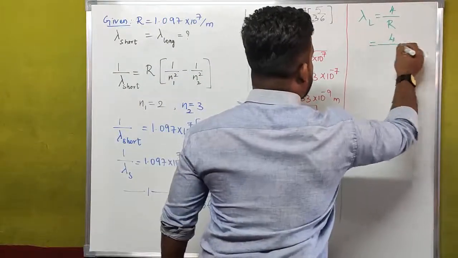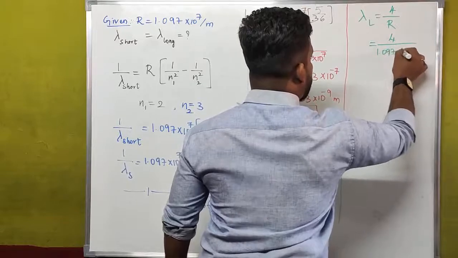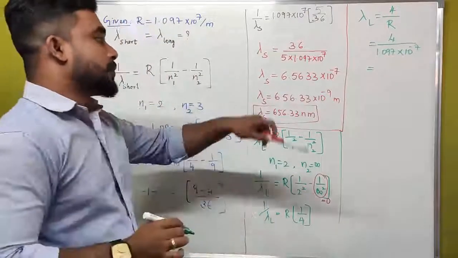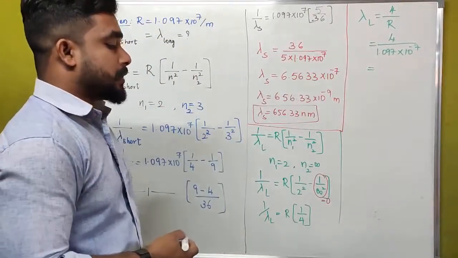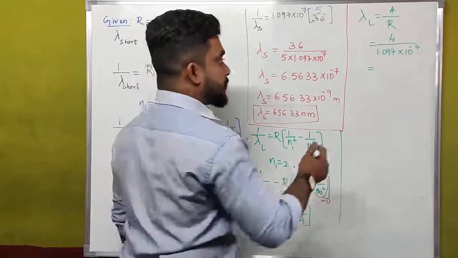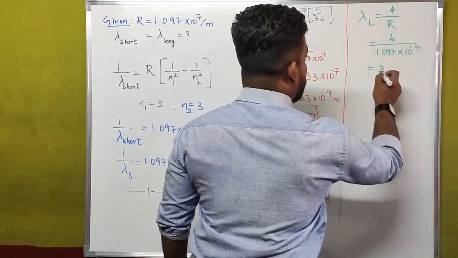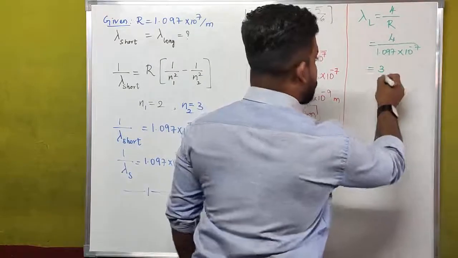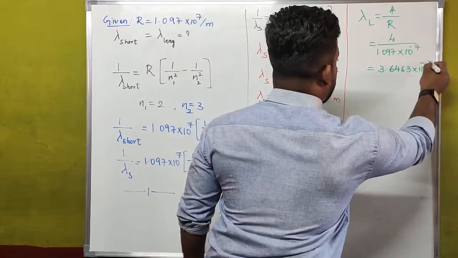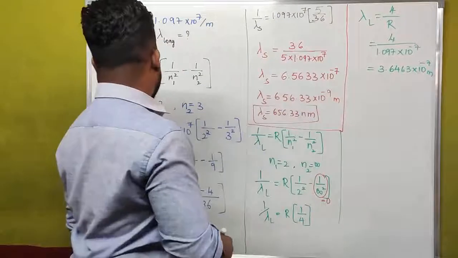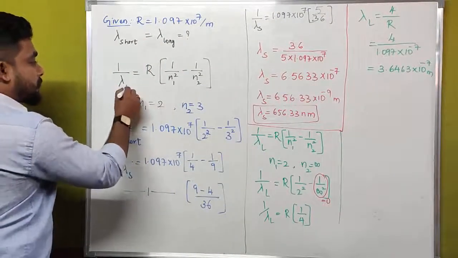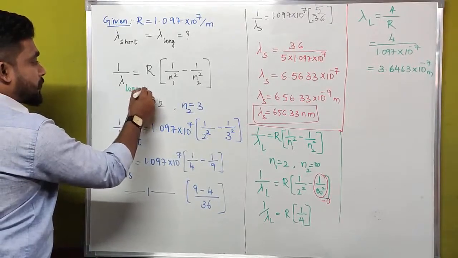What is the value of R here? That is 4 divided by 1.097 into 10 to the power of 7 per meter. If we substitute the values like this, what we will get here is lambda of the longest wavelength is equal to 3.6463. Actually, here what I have done is, this is not for the shortest, this is the longest.